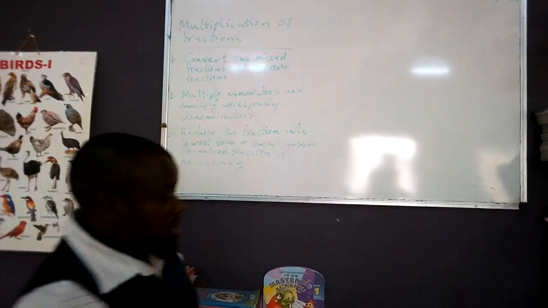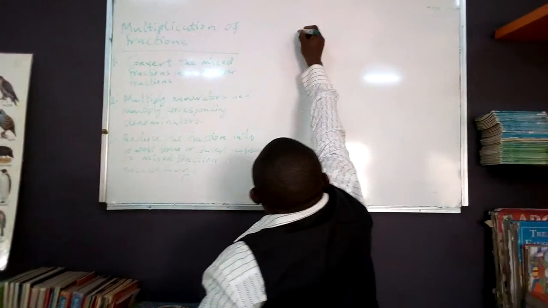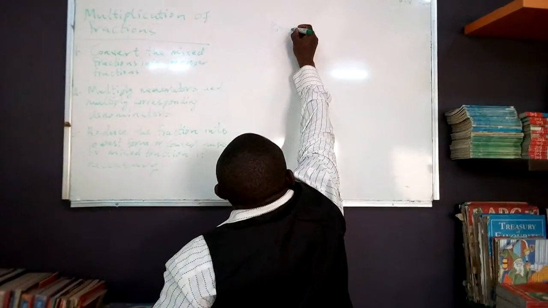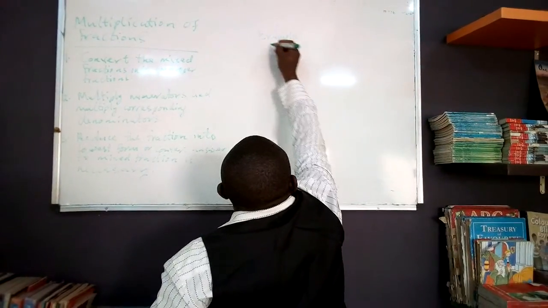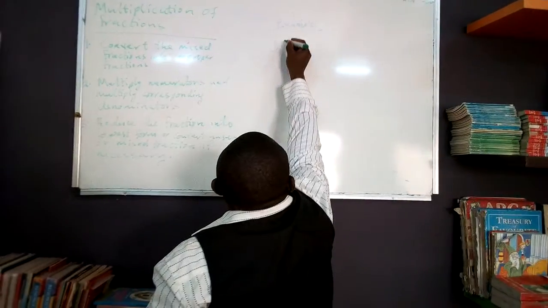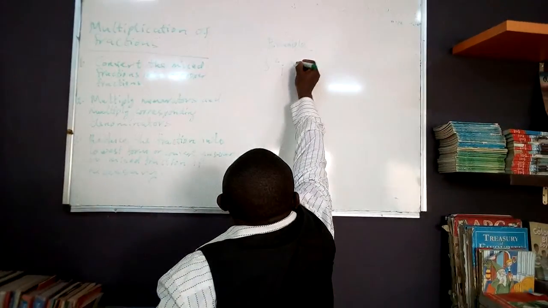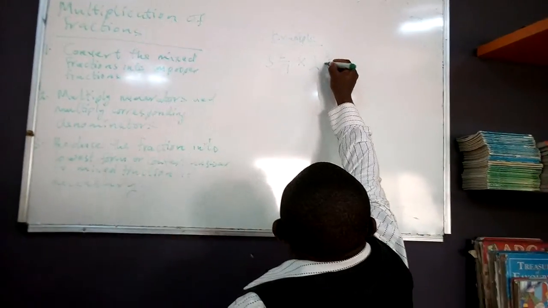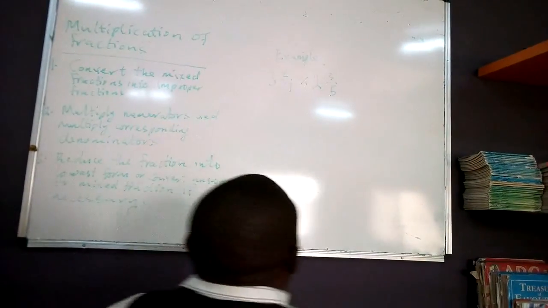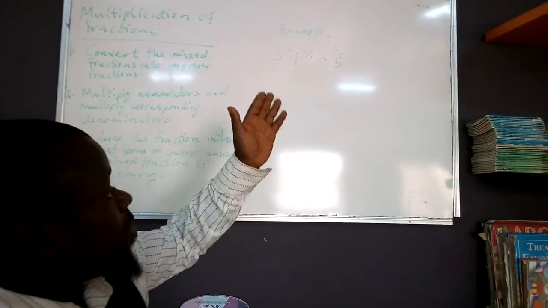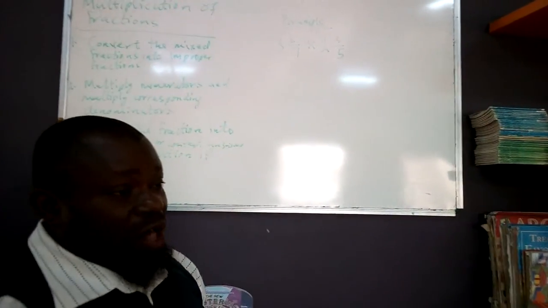Let's say, for instance, this 3 whole number 2 over 7 multiplied by 2 whole number 3 over 5.